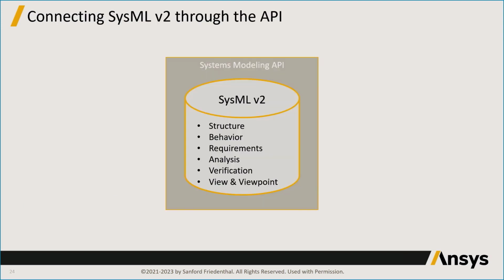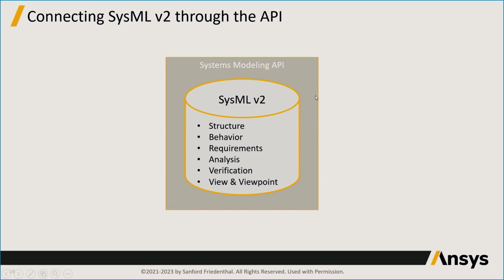So now I'm going to talk about connecting SysML v2 to other models and tools and applications using this application programming interface, this standardized API that SysML v2 provides. So what you see in the center is representative of the repository of data that stores the system modeling information, the structure, the behavior, the requirements, etc. And you see wrapped around it is this API.